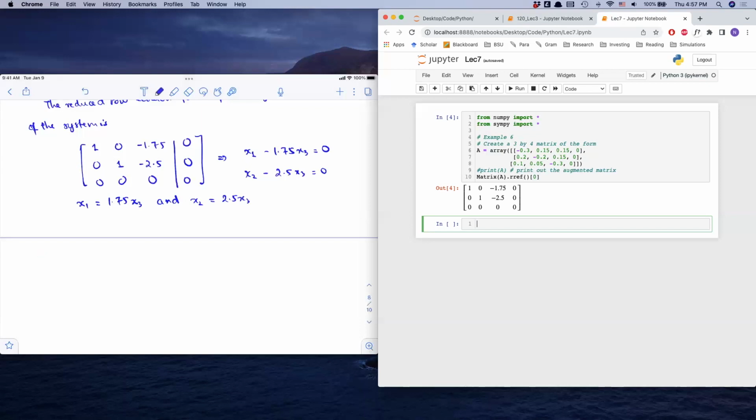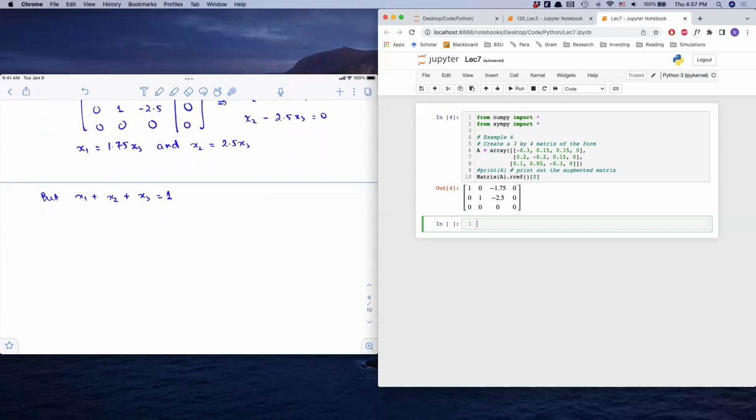So we have that x1 plus x2 plus x3 equals 1. Therefore, we're going to substitute x1 equals 1.75 x3 and x2 equals 2.5 x3 into the equation.